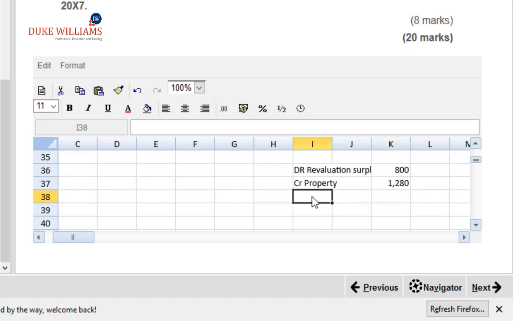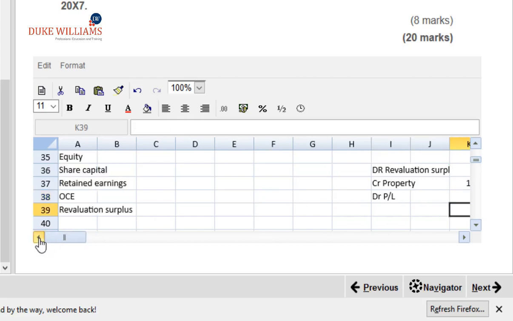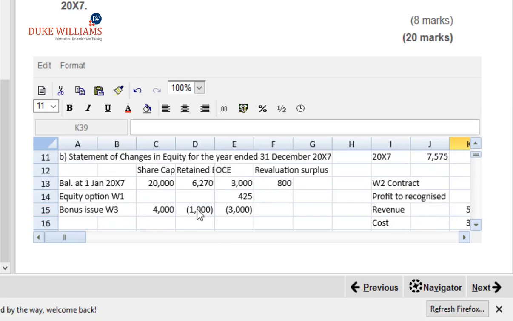So the remaining debit would be P&L. So we'll debit profits, or we just say P&L, which is the difference, this minus this. There we have it. Good. So now let's bring the items under our statement of changes in equity.